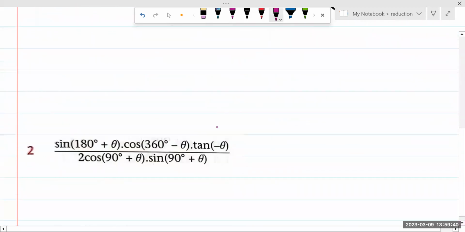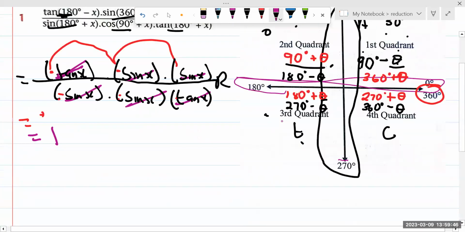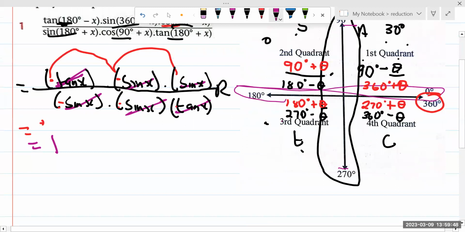When you simplify, you do this again. So we're saying negative multiplied by positive. I get negative. Then positive multiplied by positive is going to give you positive.